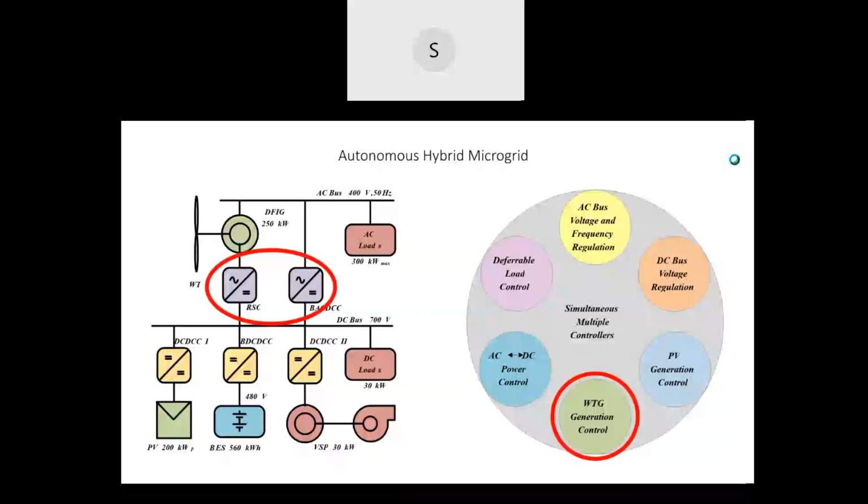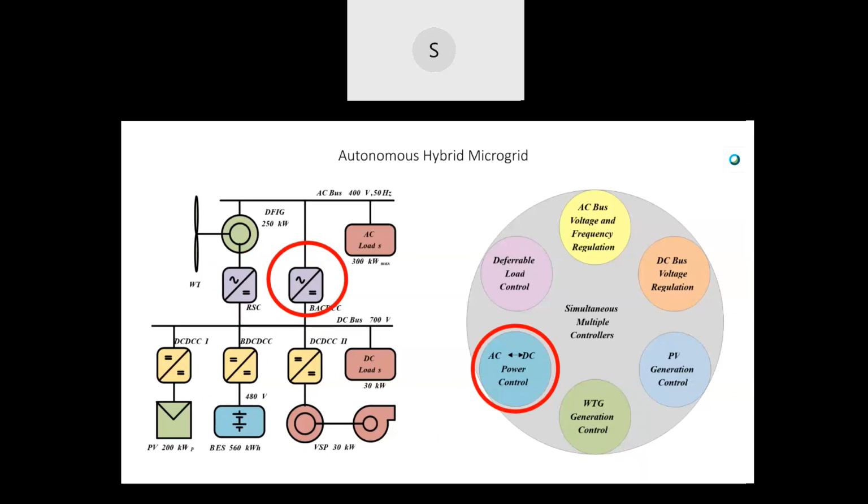Usually for lower wind speed, it will be in subsynchronous mode, and for higher wind speed, it will be super-synchronous. In addition to that, MPPT, maximum power point tracking, can also be done. Methods have been developed for that. And also, sensing the overall balancing in the system, it can come out of MPPT. Then AC-DC power transfer, as I told you: excess power in any network can be shared with the other network by operating this bidirectional AC-DC converter.